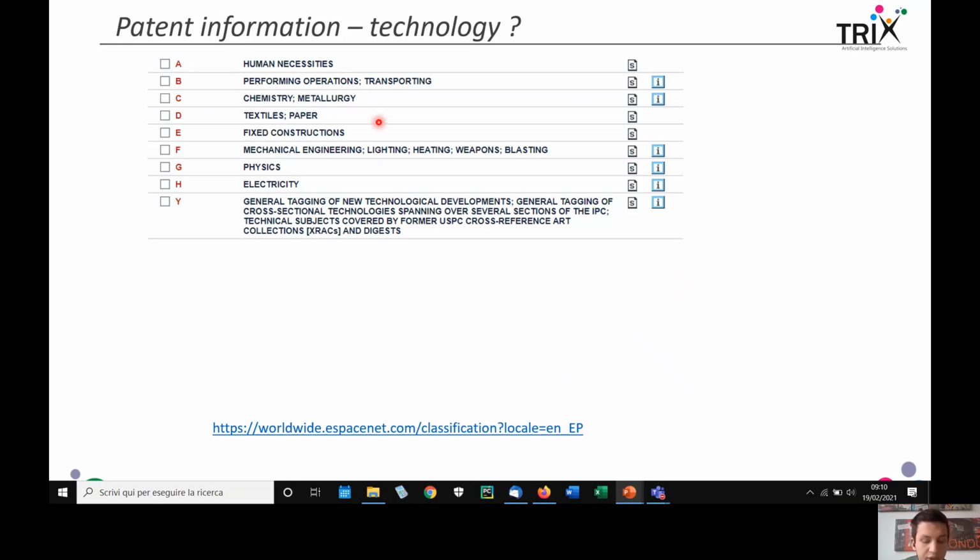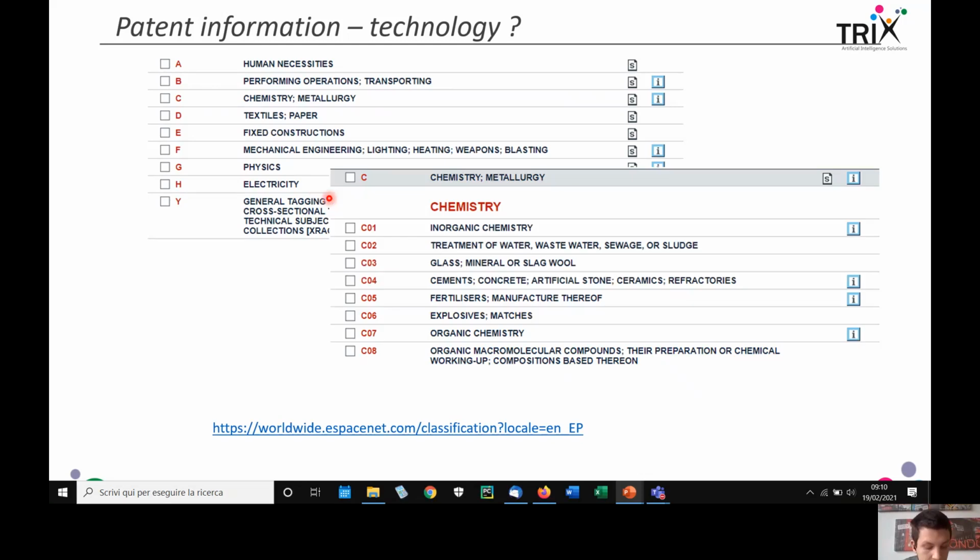This is because the data that we can extract using these tools like Thomson or Orbit is only bibliographic and not technological. We have only CPC that are a high-level classification of a technology or industry sector.